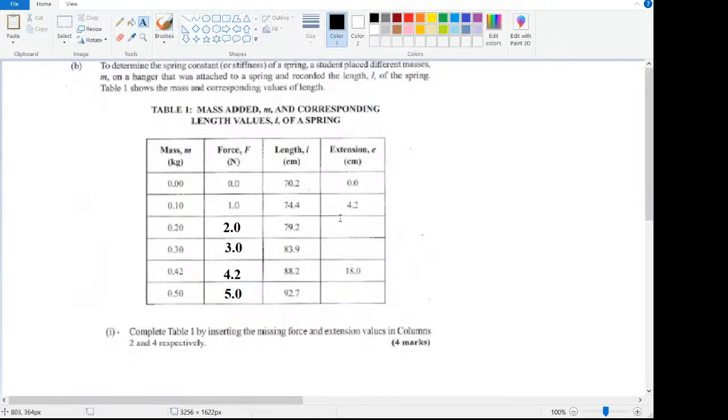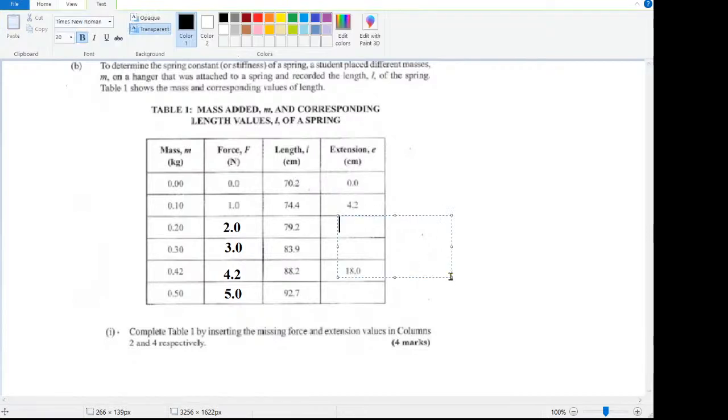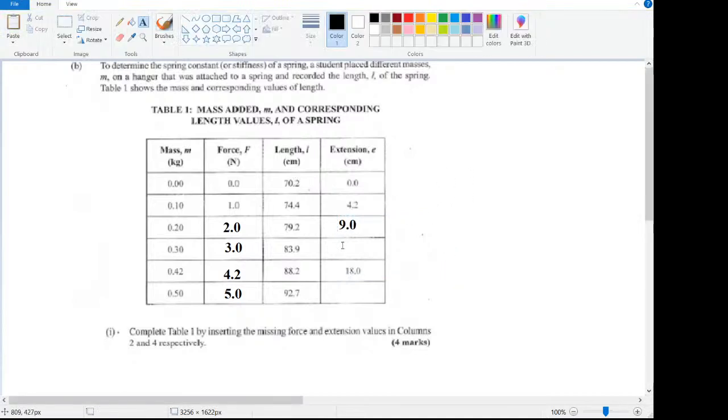So the extension here, you just have to look at the original length. The original length is 70.2. So you just take the length that it has here and you minus the original length. So this is supposed to be 9.0. 83.9 minus 70.2.